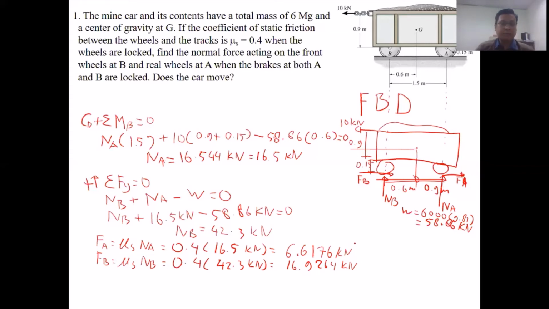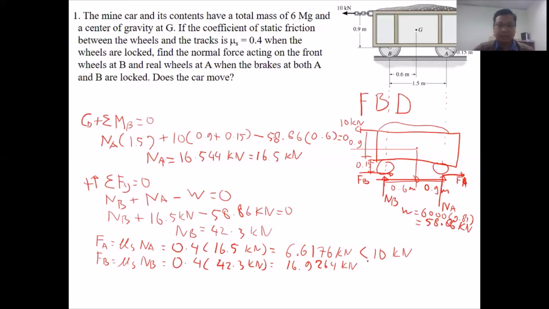Okay, now we compare for wheel A first. So we pull the trolley by 10 kilonewton. If you compare to the force to pull out, B is less than 10 kilonewton.